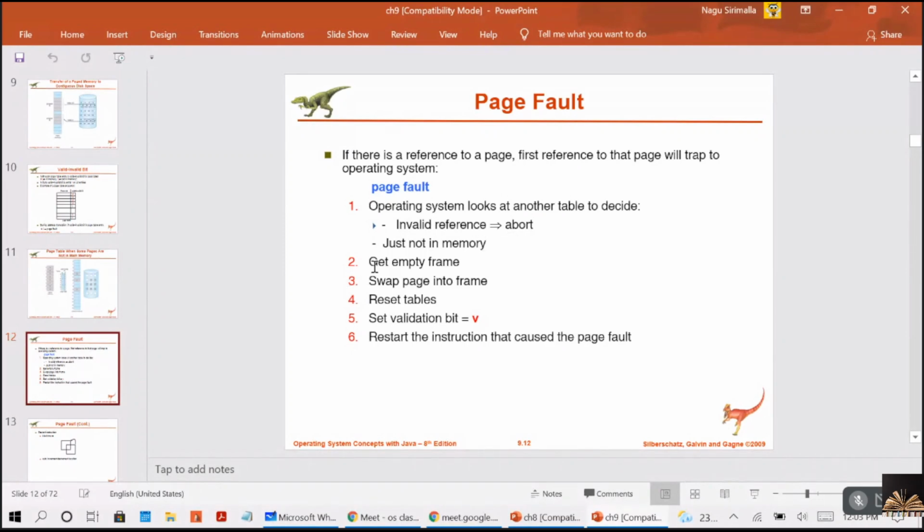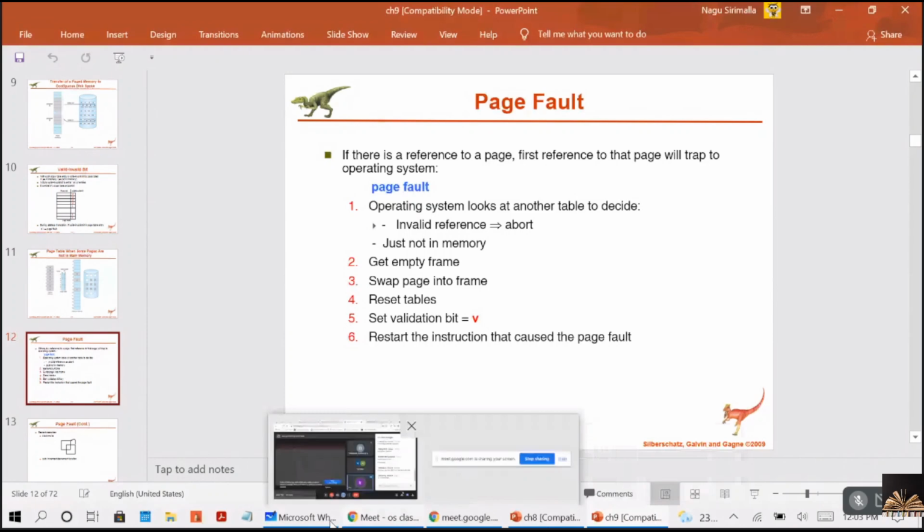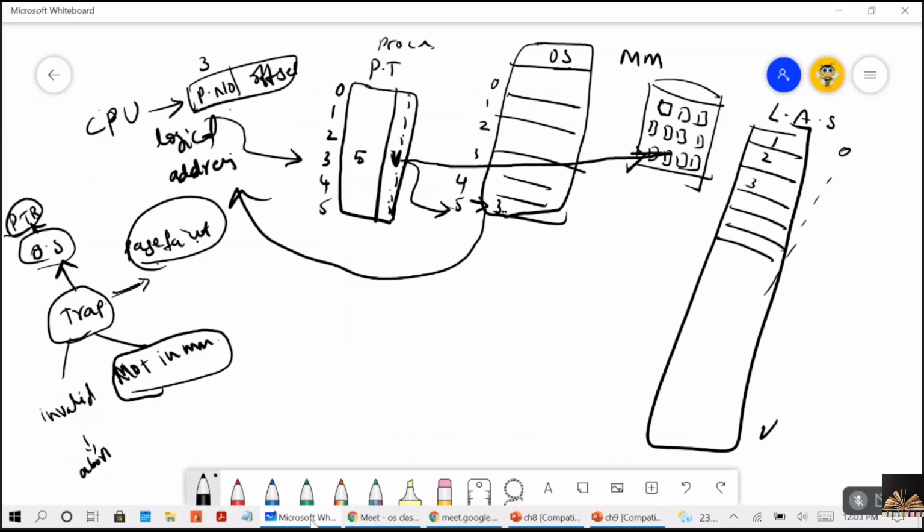Now what you have to do is first find an empty frame, swap the page into the frame, reset the tables అంటే ఏంటంటే validate చేయండి, set the validation bit, restart the instruction that caused the page fault. The same thing మీరు ఇక్కడ డయాగ్రామ్ లో ఏదైతే ఎక్స్ప్లెయిన్ చేశానో సేమ్ థింగ్. పేజ్ ఫాల్ట్ అక్కడండి, వెళ్ళి వ్యాలిడా ఇన్వాలిడా చెక్ చేయండి, మెమరీలోకి తెచ్చుకోండి, పేజ్ టేబుల్ ఎంట్రీని, restart the instruction, right?